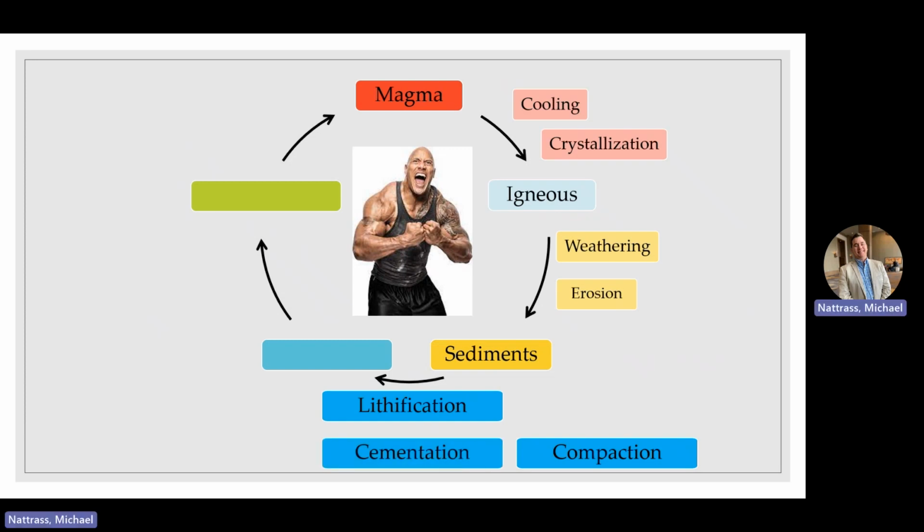Next, once it's compacted, we have cementation. So this is where that rock actually kind of forms together. So cementation, and then finally more crystallization.